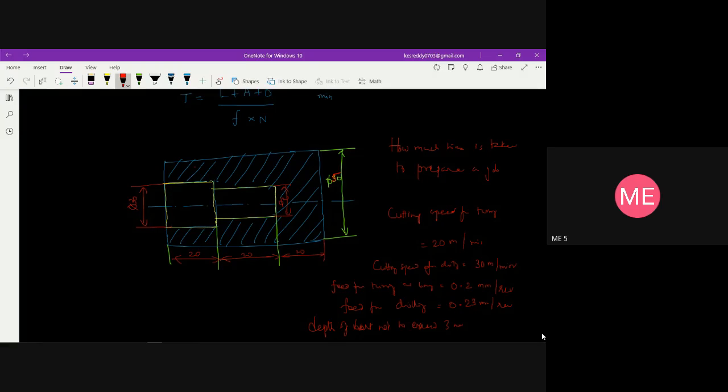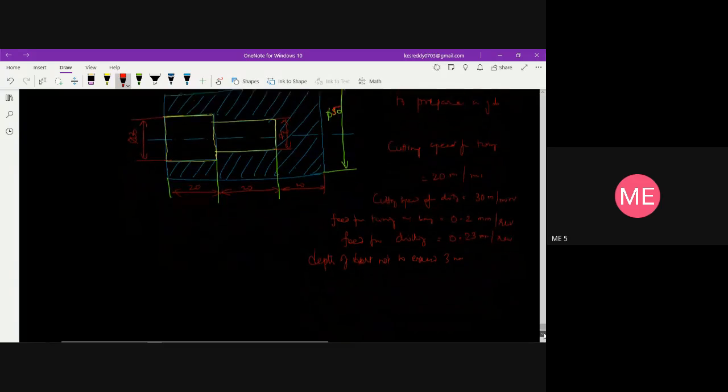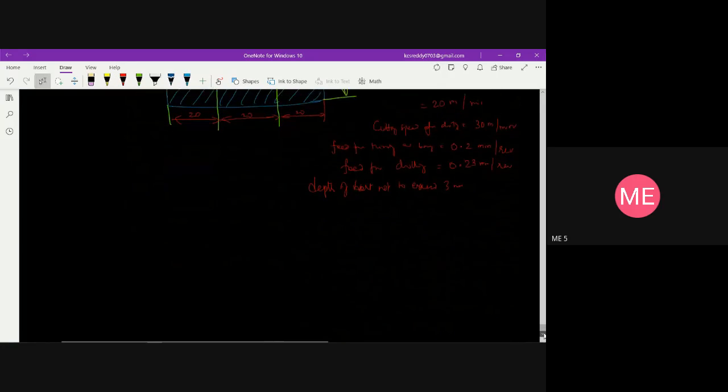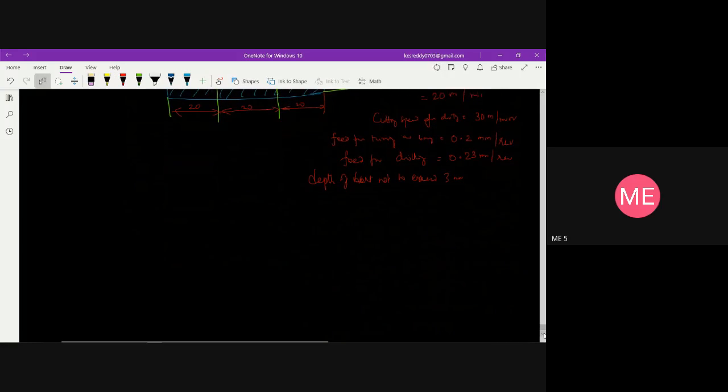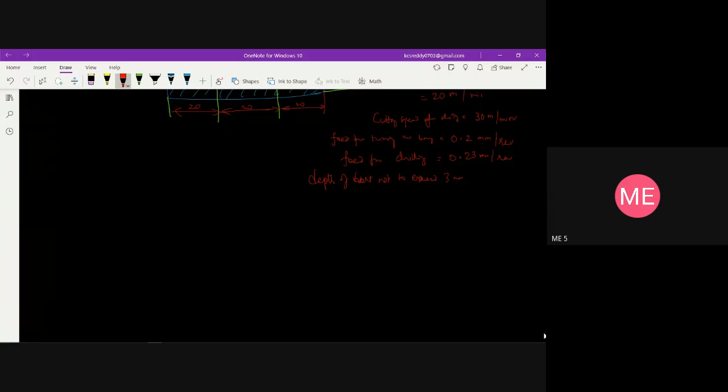So based on this given data, we need to find out how much time is required to complete the job. We have taken that the diameter of the given bar is, say for example, 55.